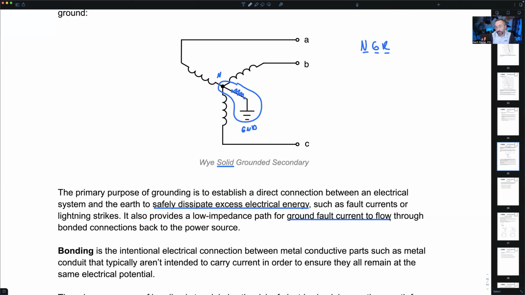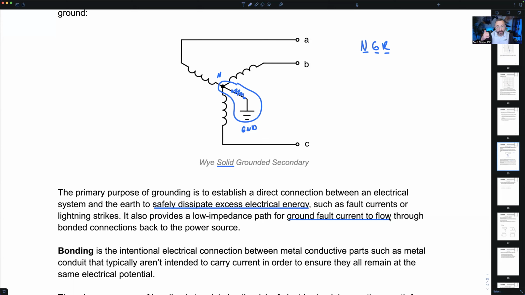Otherwise, like a ground fault on an ungrounded system. We talked about this at the very end of last night's class. If I have an ungrounded system, so this Y solidly grounded secondary, if there was no connection to ground, what happens if I have a ground fault? Anything happen? If it's ungrounded, what happens? Nothing.